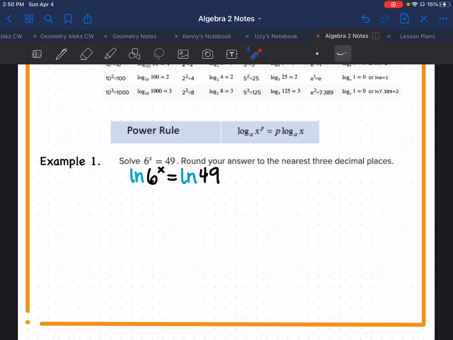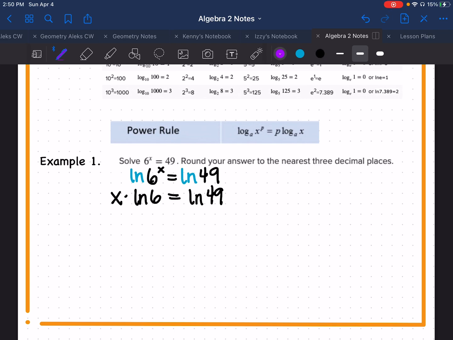What I can see here is that this follows this same pattern. And so I can take my power and I can move it to the front in front of my log or my natural log. Both of them work. And so I can rewrite this one as x times the natural log of 6 equals the natural log of 49.